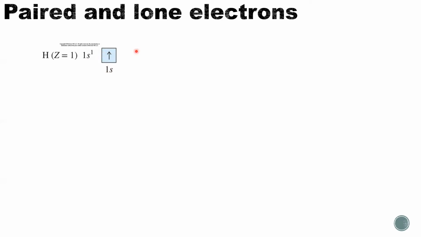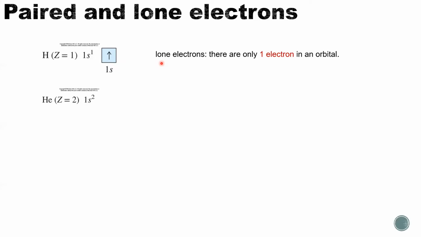This spin up electron does not have a neighbor. In other words, in this orbital there is only one electron, although it can accommodate two. So this one electron we call a lone electron. Lone electrons are electrons that are alone in the orbital.